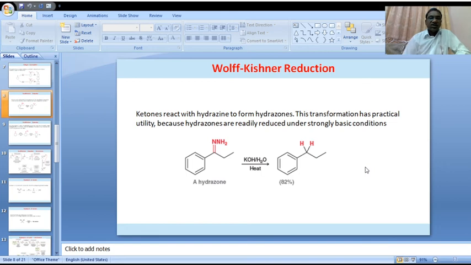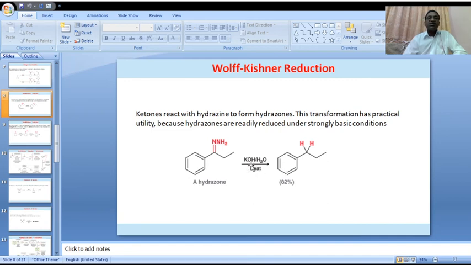Here, generally ketones react with hydrazine to form hydrazones. This is a hydrazone compound. This transformation has practical utility because hydrazones are readily reduced under strong basic conditions.